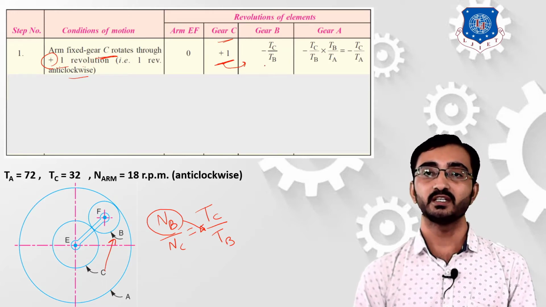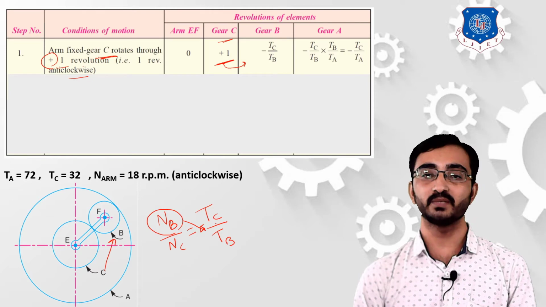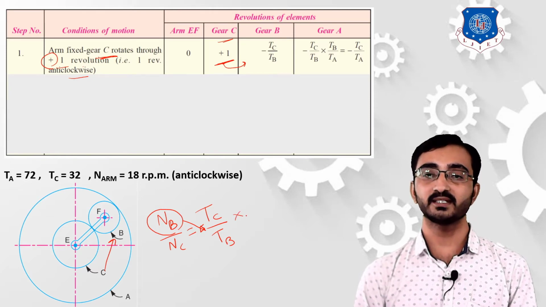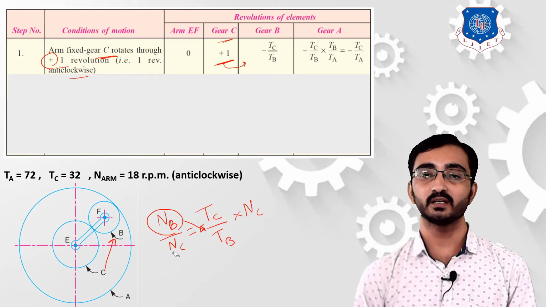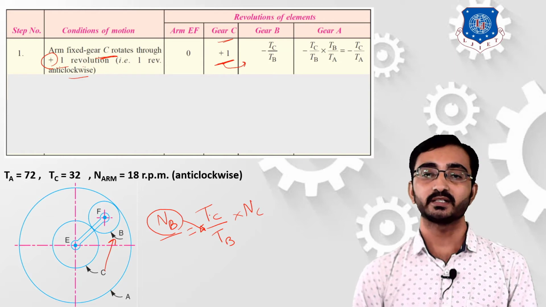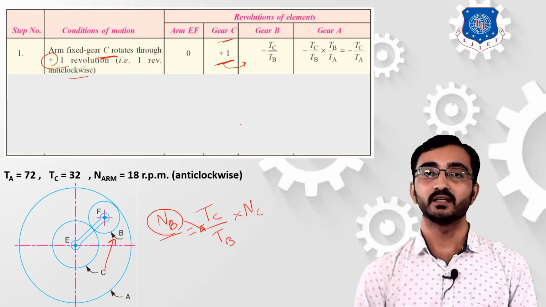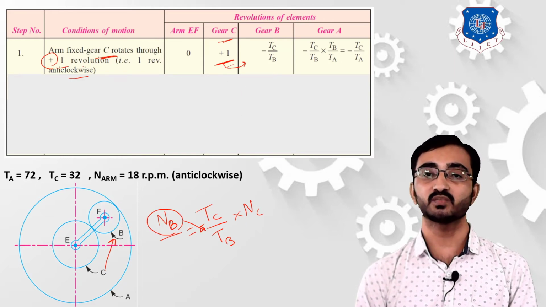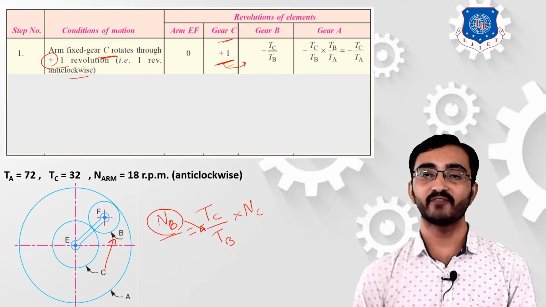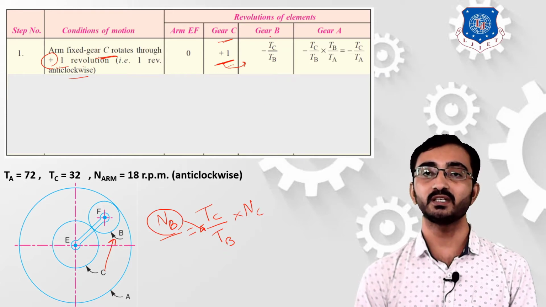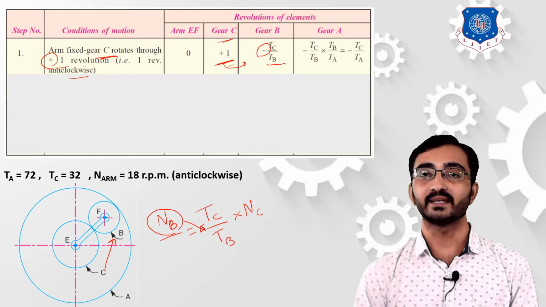So to calculate the speed of gear B, we multiply by the speed of gear C: TC by TB into NC. Since the speed of gear C is +1, the final equation will be TC upon TB.